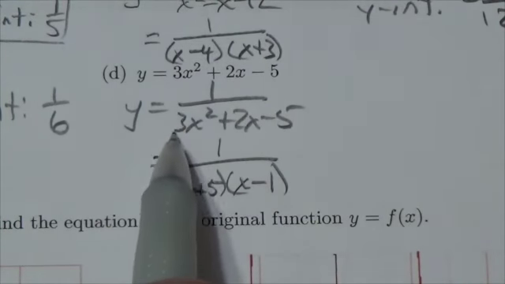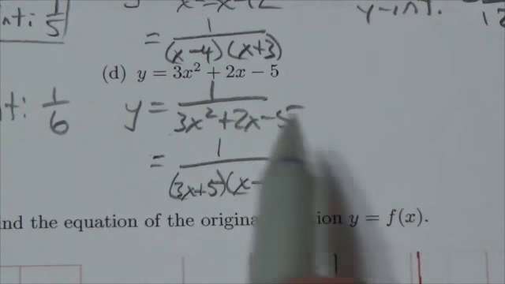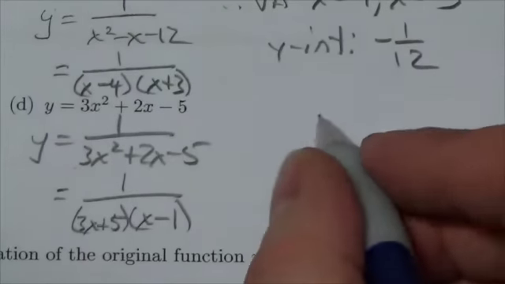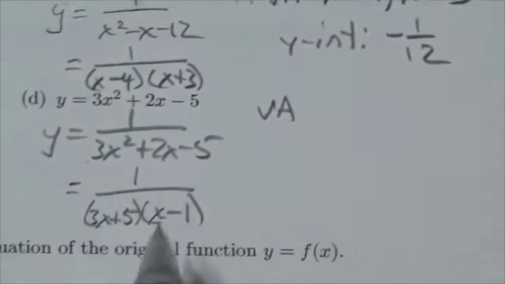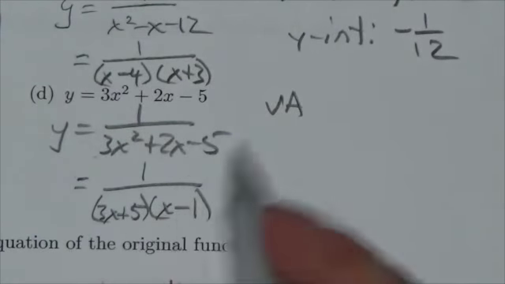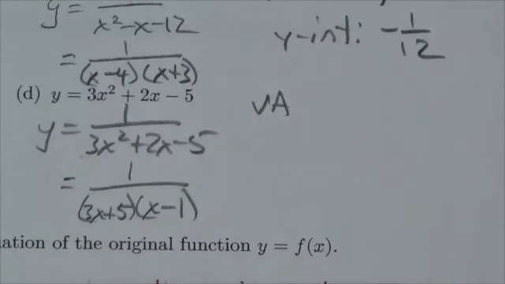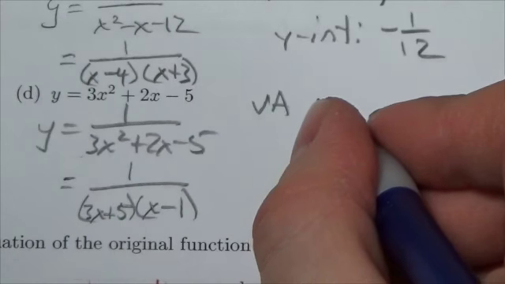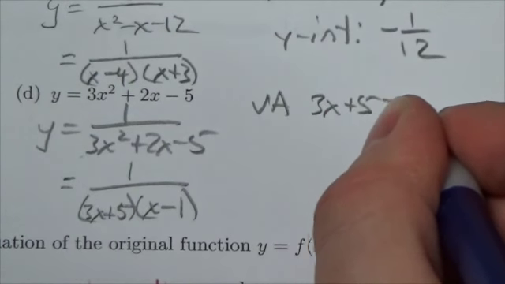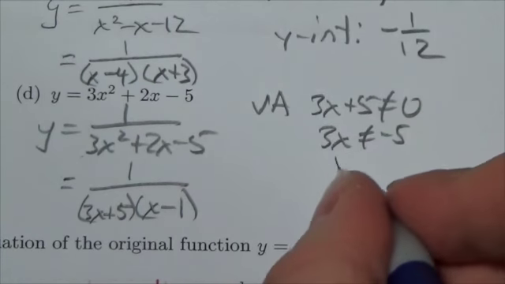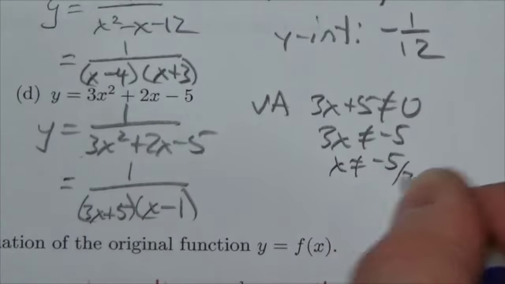Okay, and I can do that because I've got a prime number at the beginning, a prime number at the end. There's just not a lot of choices for what it could be. So my vertical asymptote here is going to be related to the non-permissibles. 3x plus 5 cannot be allowed to equal 0, which means 3x can't be negative 5, x can't be negative 5/3.